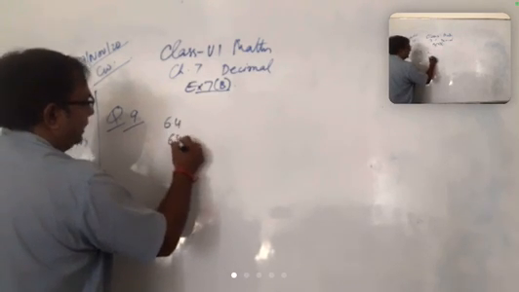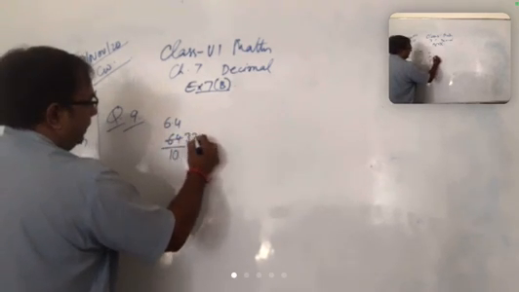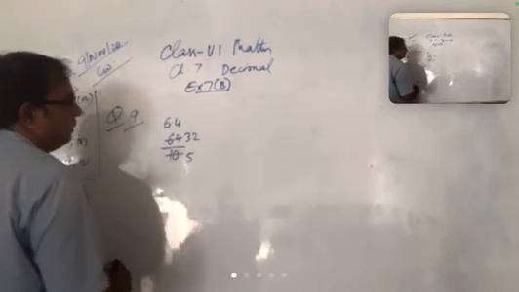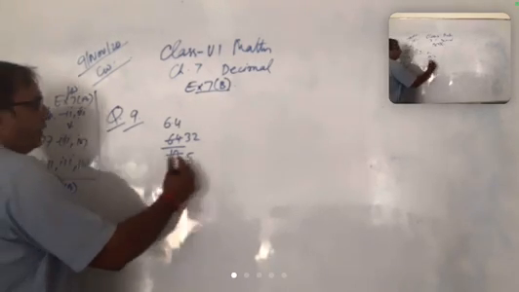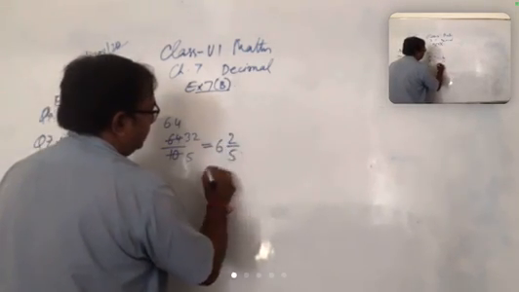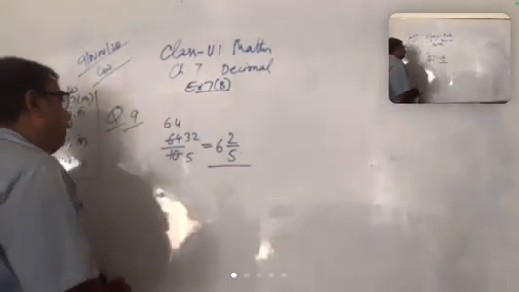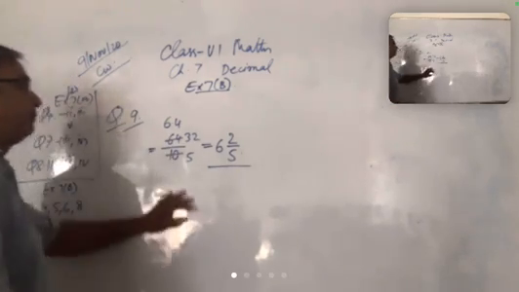So it means 64 upon 10. Now you reduce it, it will be 32 upon 5. If the number is 32 upon 5, you can convert it into mixed. Is it right or is it clear? We have to check both right or wrong and also clear.